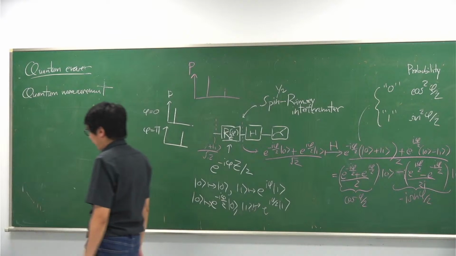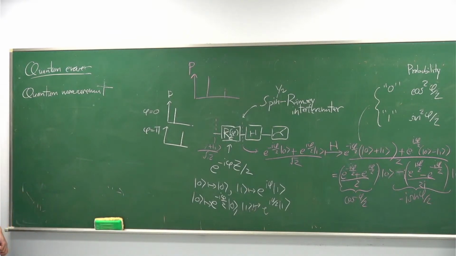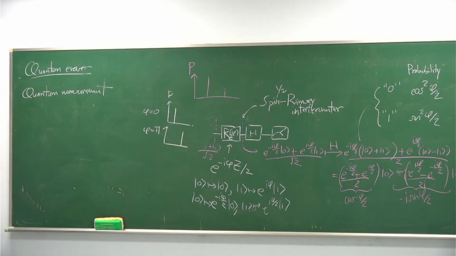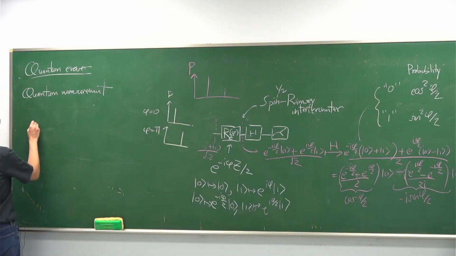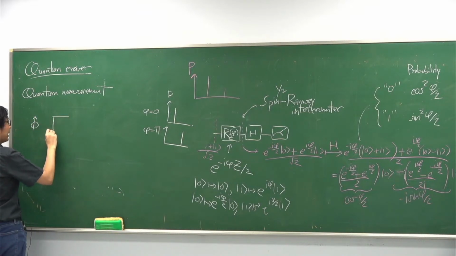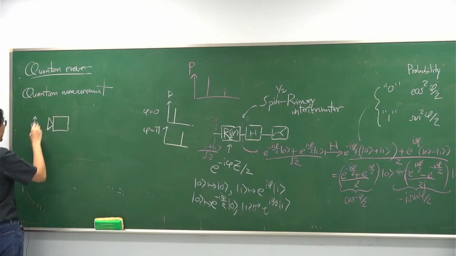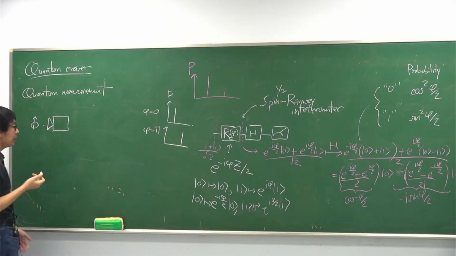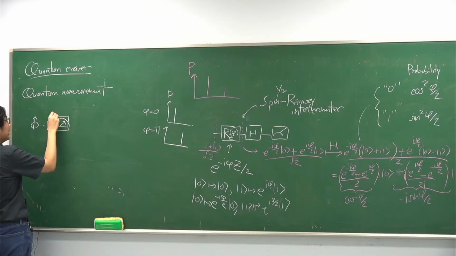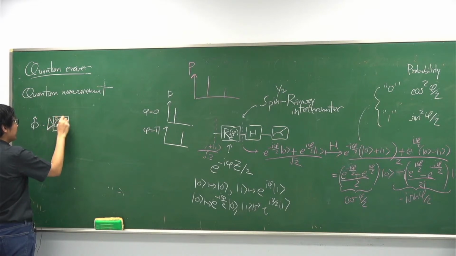But in reality, the measurement device is also a quantum system, right? For example, if I have some electrons here and I want to make a measurement, maybe this goes into the measurement device, and maybe there's a meter here that says the spin is up or down, so it's 0 or 1.